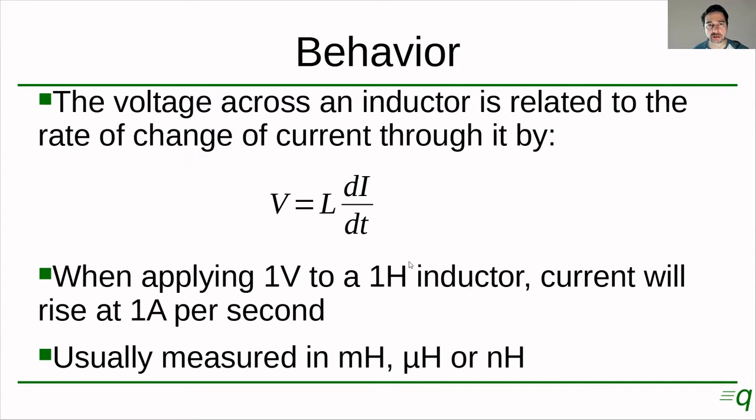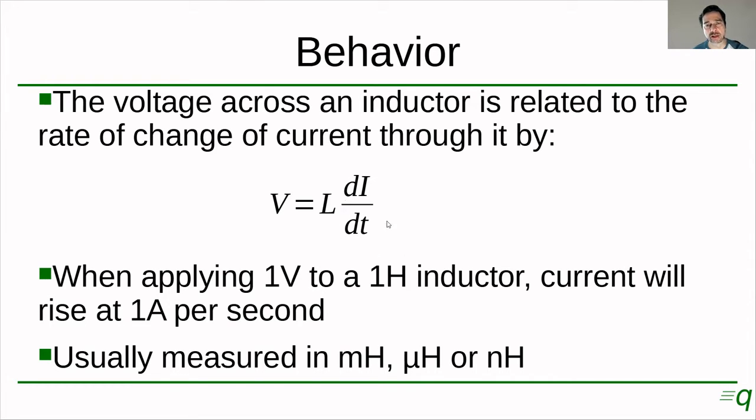Clarifying what we just saw, right? The voltage across an inductor is related to the rate of change of current through this equation, right? So the voltage is the inductance, the main parameter of an inductor, times the rate di/dt. di/dt is differential current over differential time.